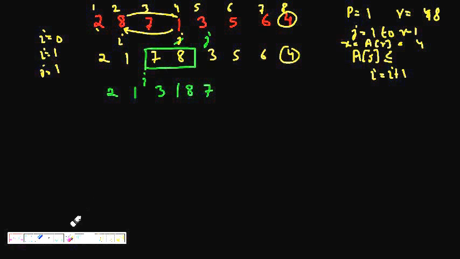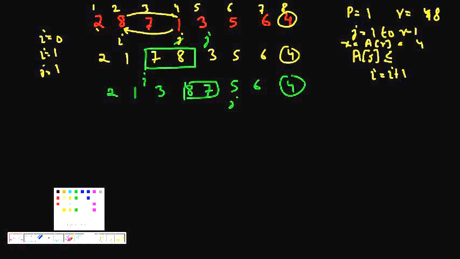So 8 7 comes here, and then 5 6 4. Now we have 2 1 3, so this is correct, and now our j comes here.